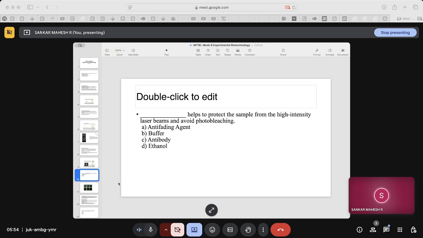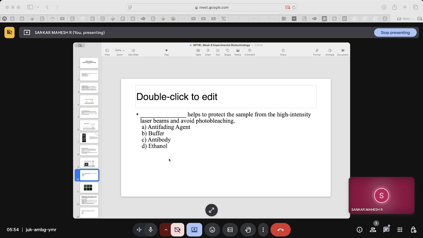So we'll just go through the incorrect options. So the buffer is not going to help. The buffer will not be able to ensure that your fluorophore remains activated. And antibody here plays no role. Usually, antibodies in different experiments are tagged with fluorescence producing molecules.